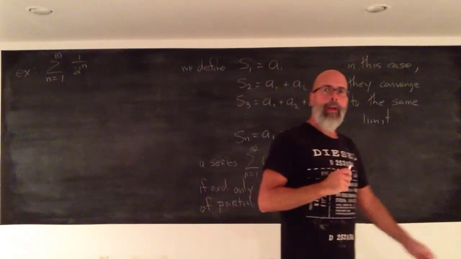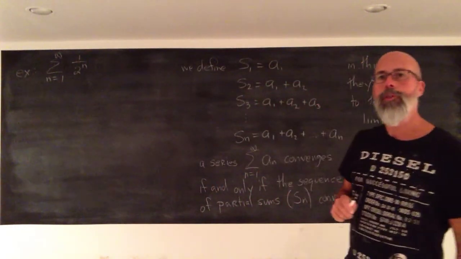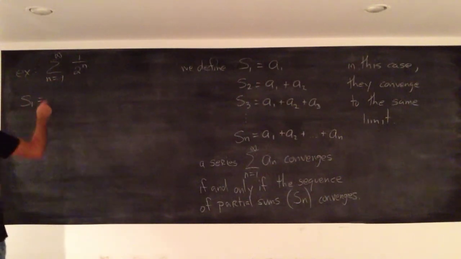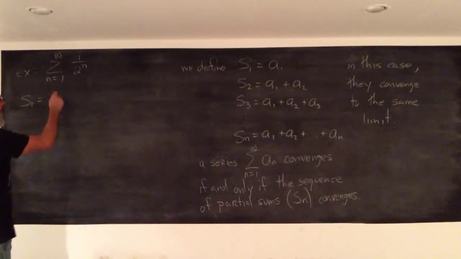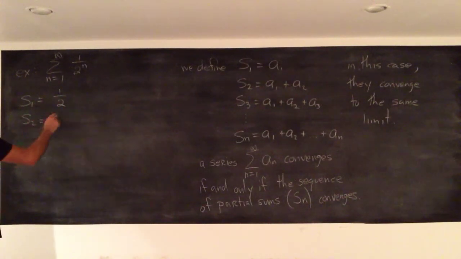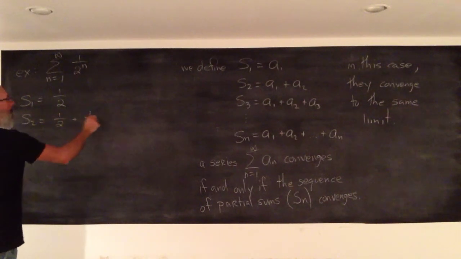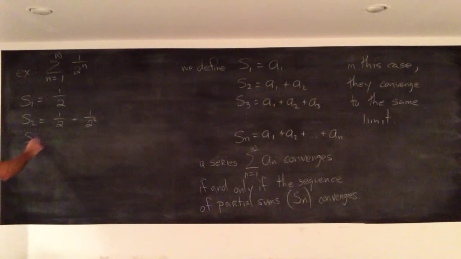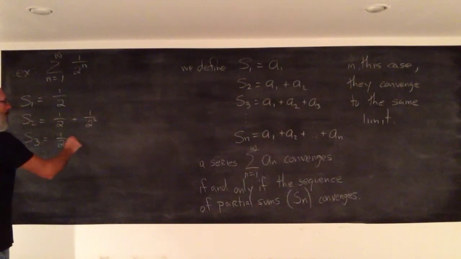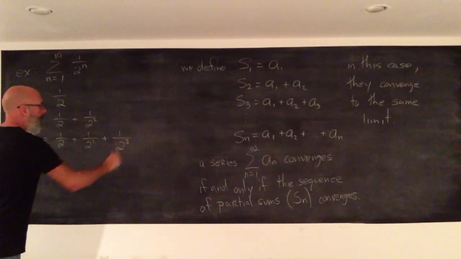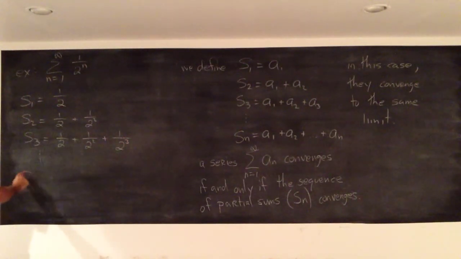Let's calculate the sequence of partial sums. S1 is the first term. S2 is the sum of the first two terms. And S3 is the sum of the first three terms. And so on and so on.